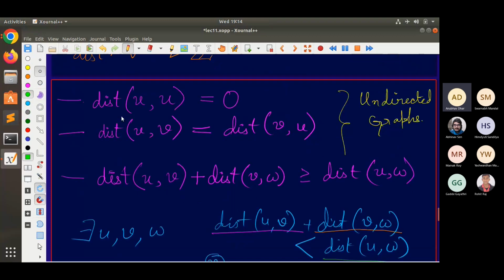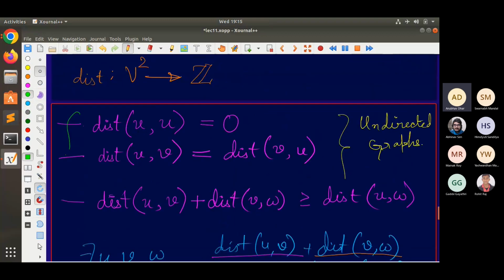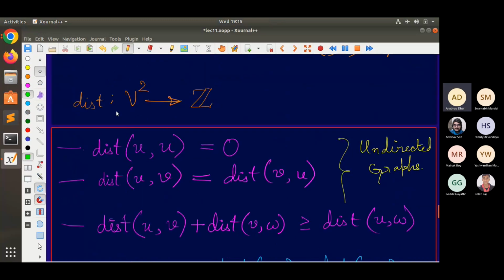Okay, so any function that satisfies these three properties is called a valid metric or a metric space. However, distance is a valid metric only for undirected graphs. For directed graphs, this property fails.